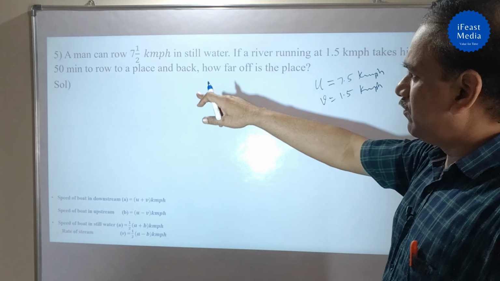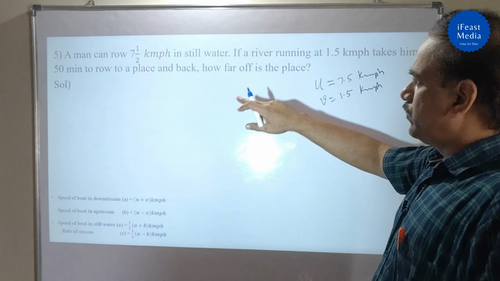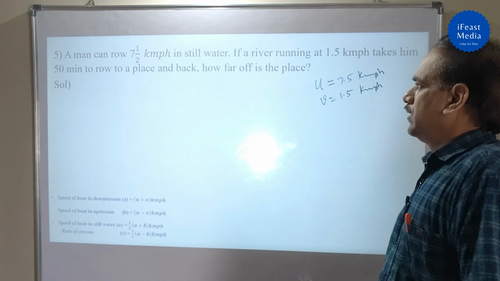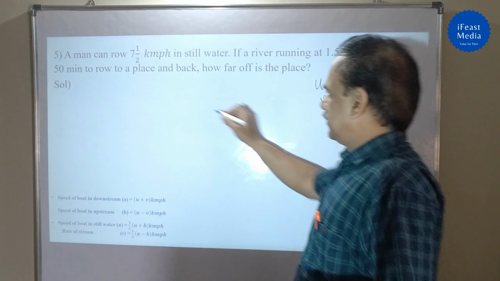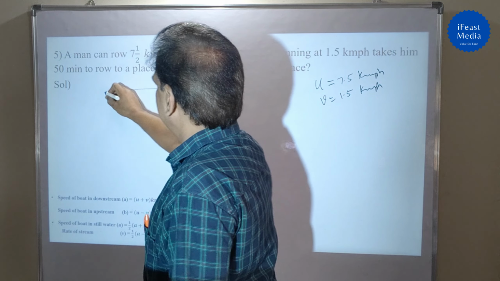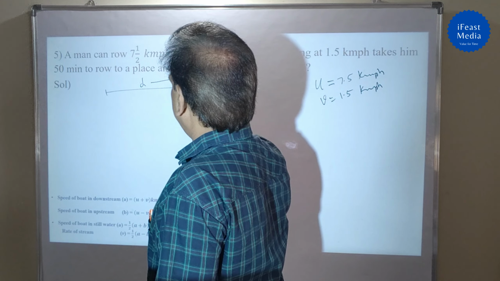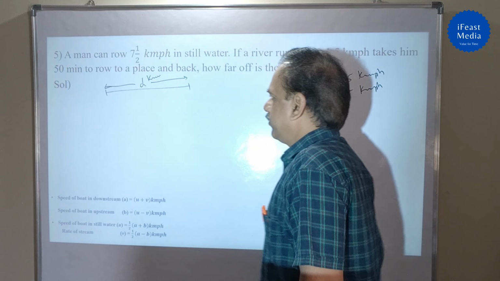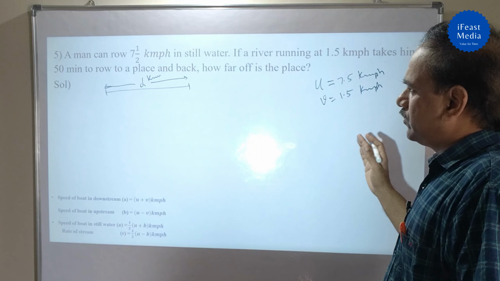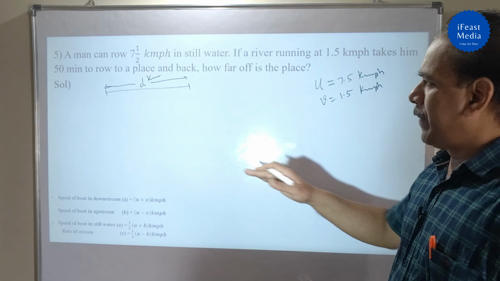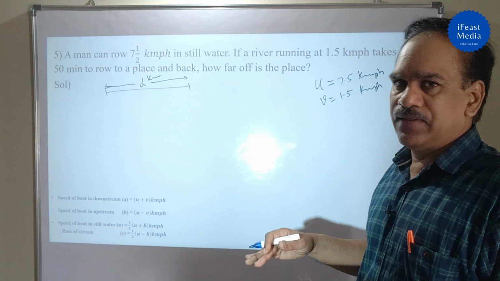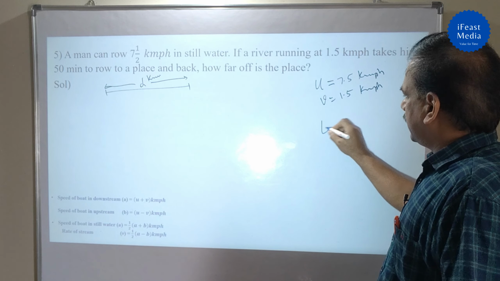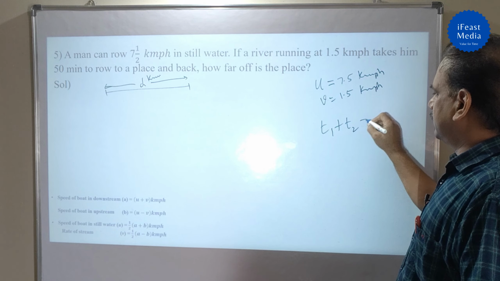It takes him 50 minutes to row to a place and back. How far is the place? Suppose the place is d kilometers far off. One side it is downstream, the other side it is upstream. The total time taken is 50 minutes.